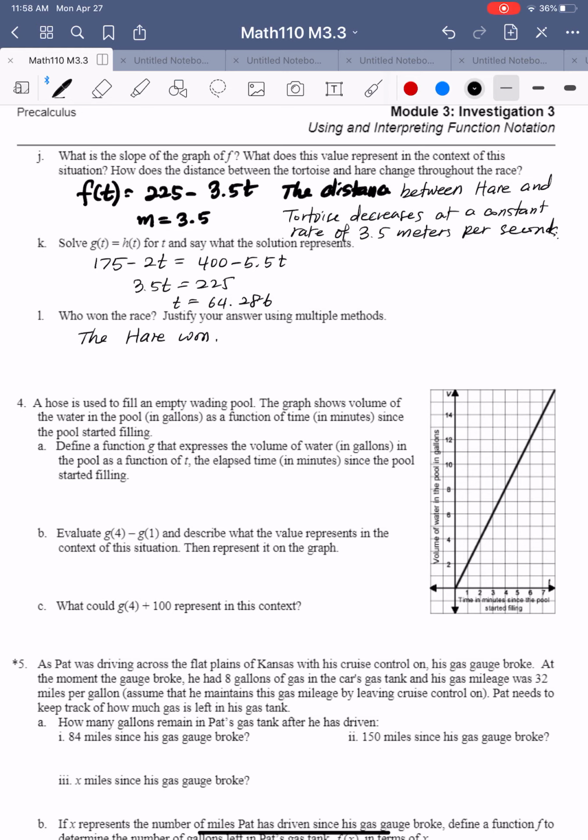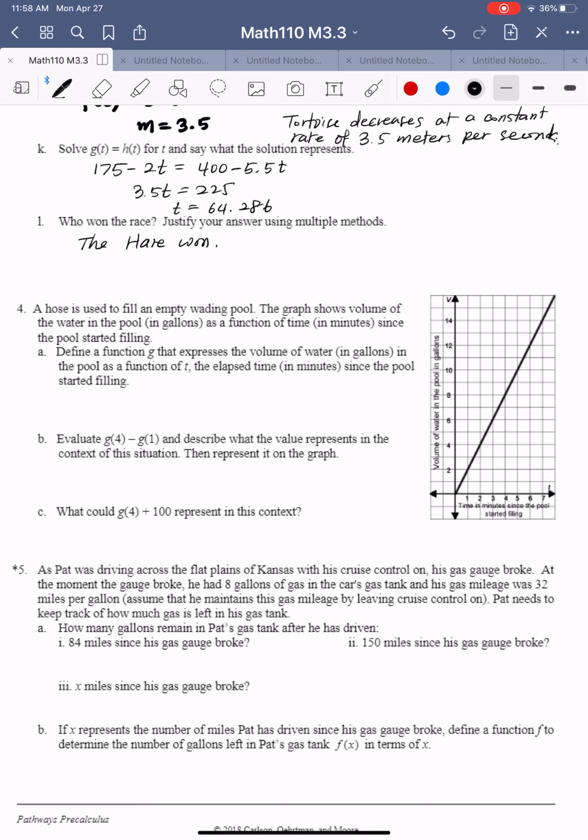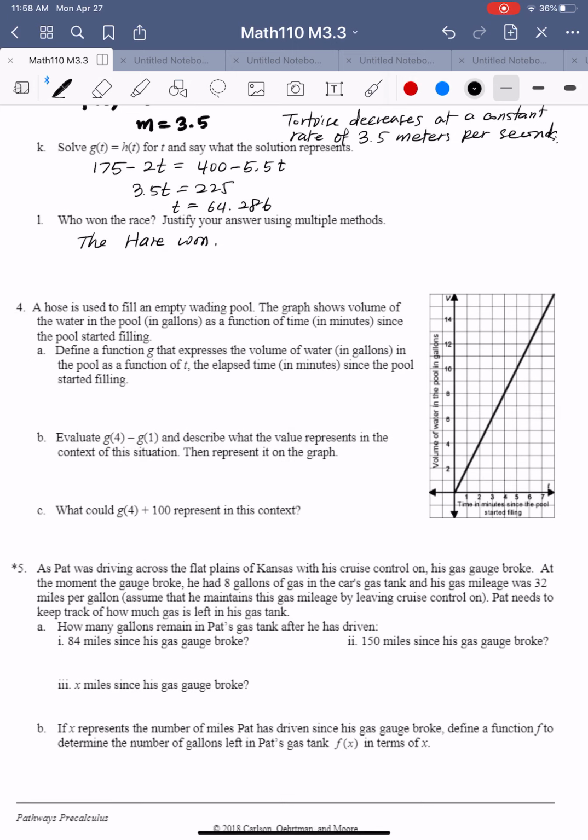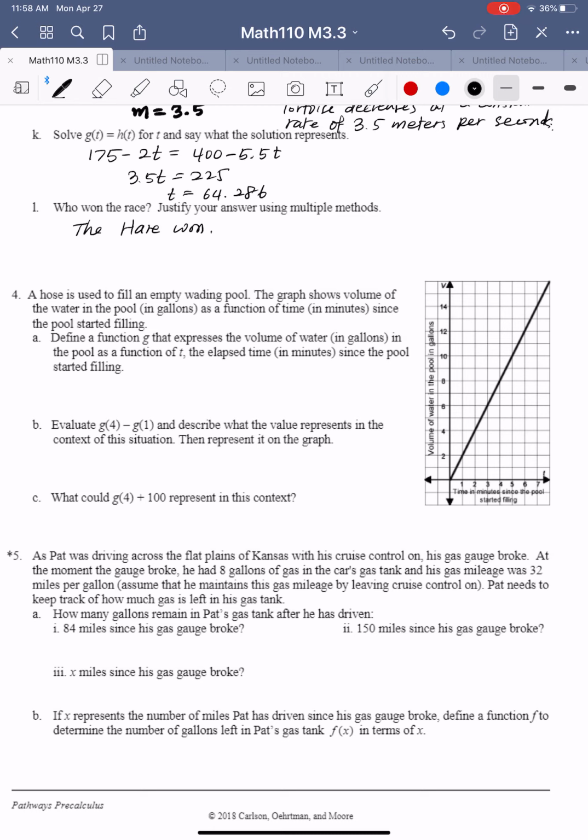Okay, the race. Let's go to number 5. Pat was driving across the flat plains in Kansas with his cruise control on and his gas gauge broke. At the moment the gauge broke, he had 8 gallons of gas in the car tank.